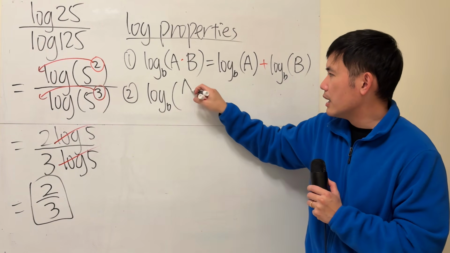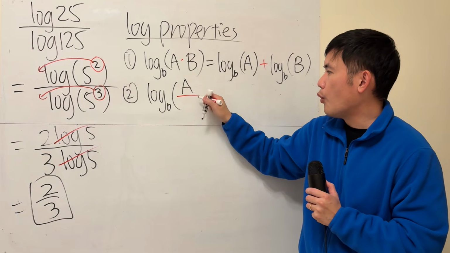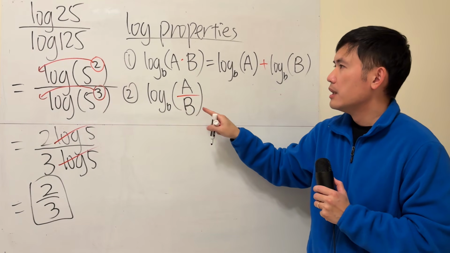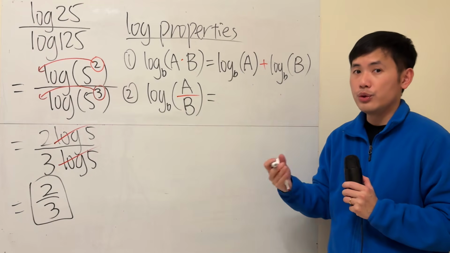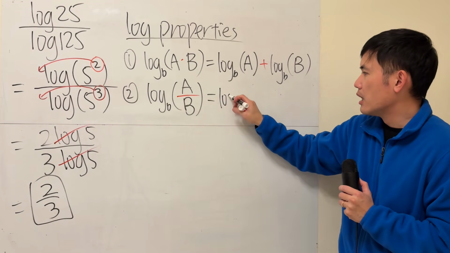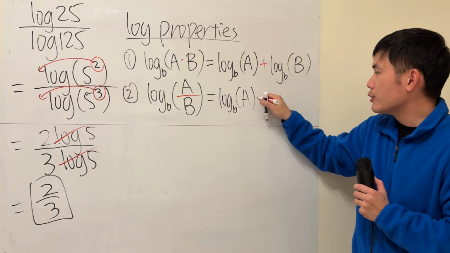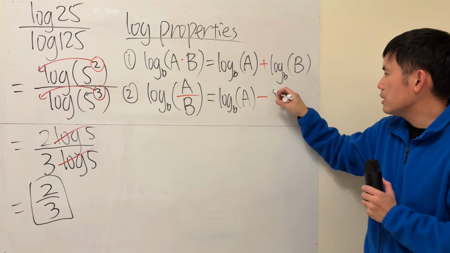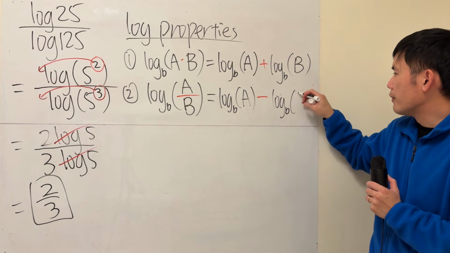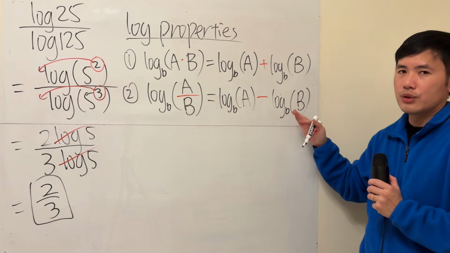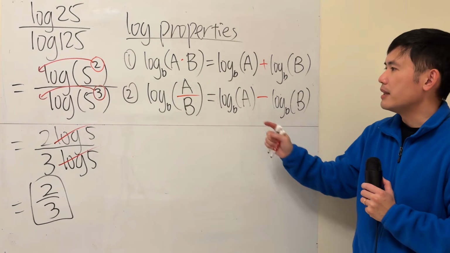Okay. Now, number 2, log base b. If you have a division A over B, this right here is where you are going to do the subtraction. You get log base b of the top one, and then you are going to minus log base b of capital B. And they are different, so do not cancel them out. It's just the base, like that.